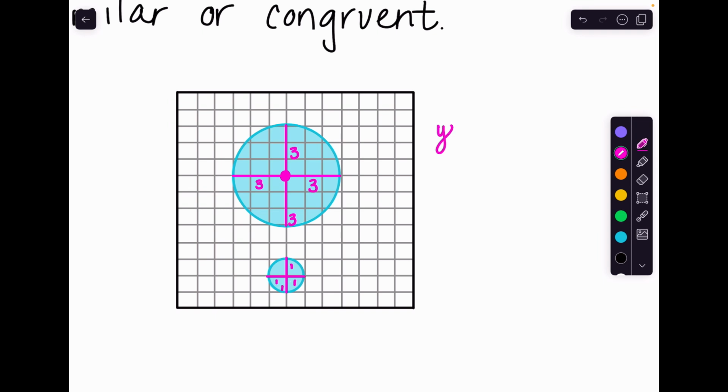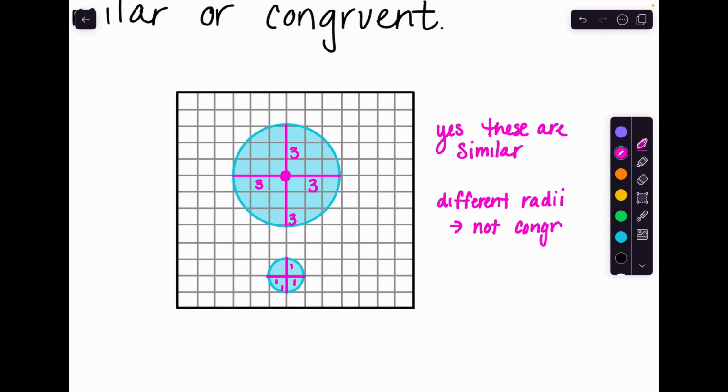So yes, these are similar because they have a same base shape of a circle. There's no other way you can draw a circle without it being exactly the same, just a scaled up version. However, because these have different radiuses or radii, they are not congruent.